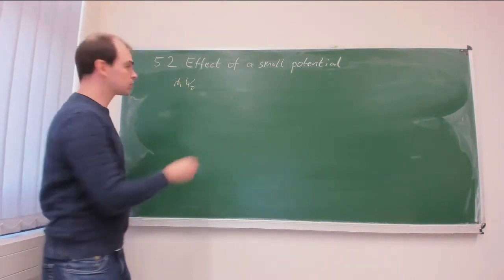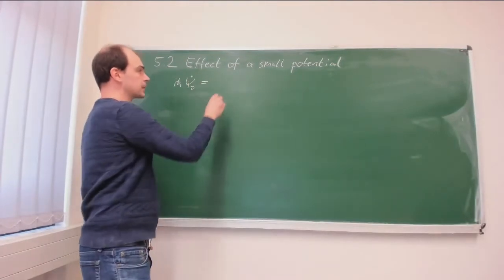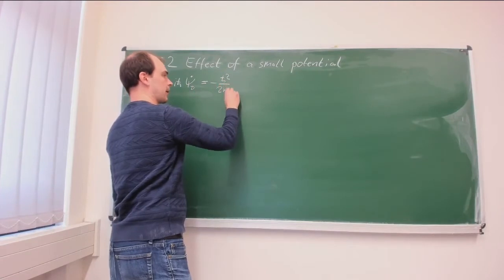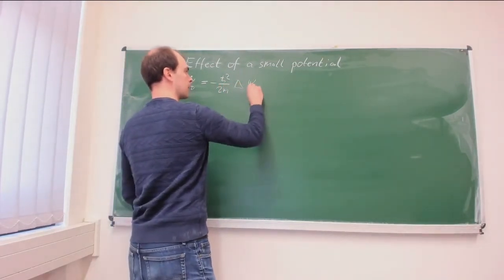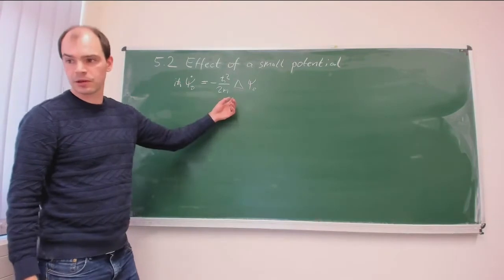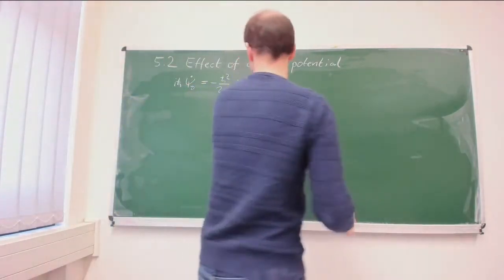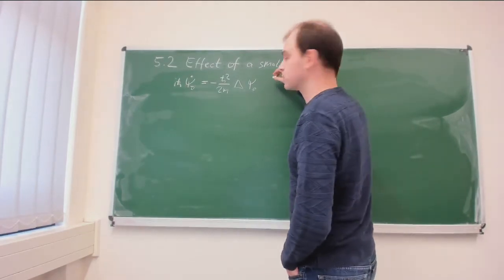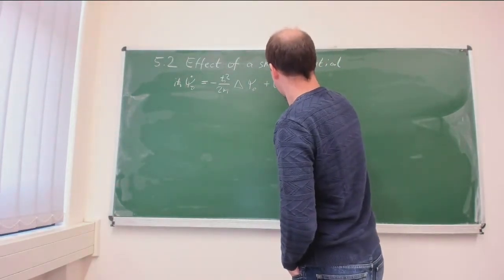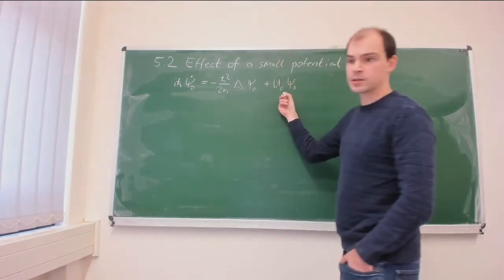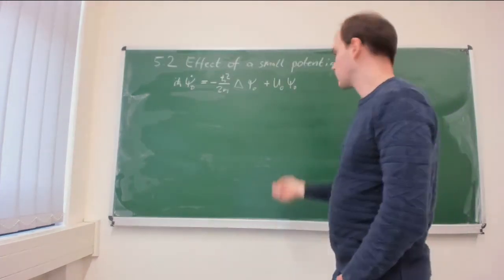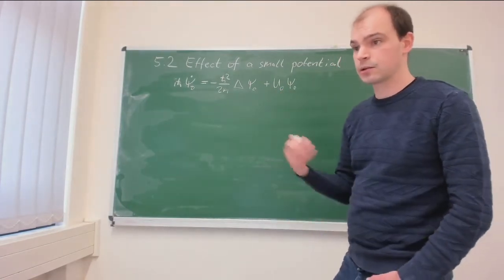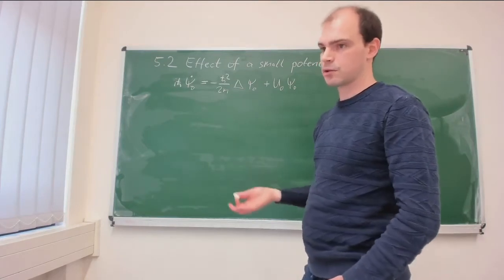i ħ ∂ψ0/∂t equals minus ħ² divided by 2m Laplacian ψ0. And now we assume we also have a potential that we call U0. So plus U0 ψ0, where the potential U0 contains all the interactions that are going on in our experiment that are not gravity.